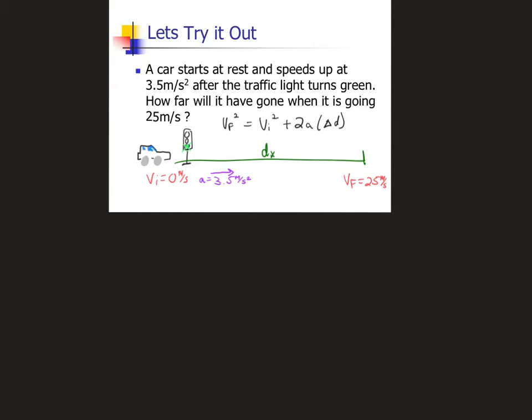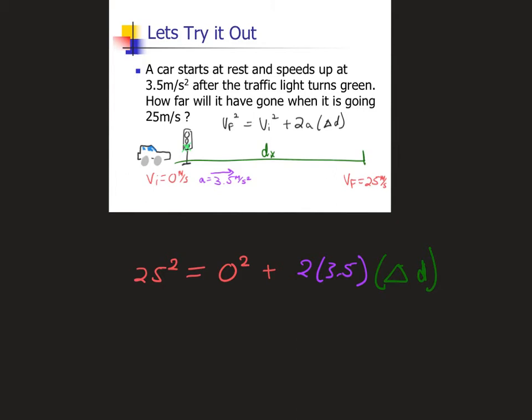I have my v sub f squared is equal to 0 squared plus 2 times 3.5 times change in distance. 0 squared is easy.